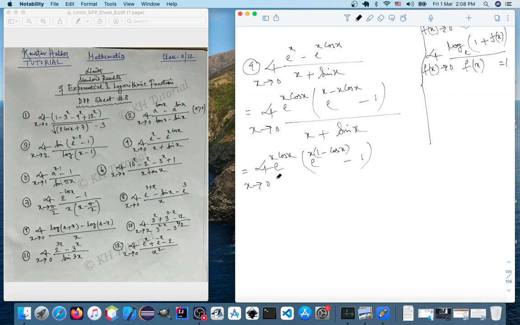This is 1. We want to have this in the denominator of this. So x times 1 minus cos x, and we already have x plus sin x, and we also have to multiply here to adjust this 1 minus cos x.